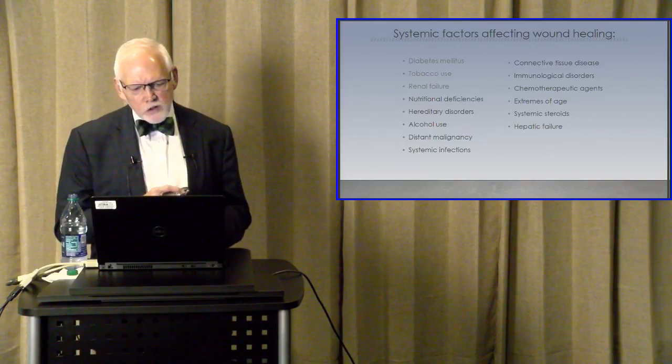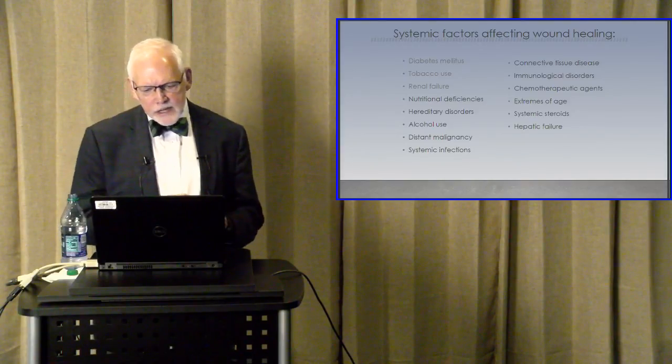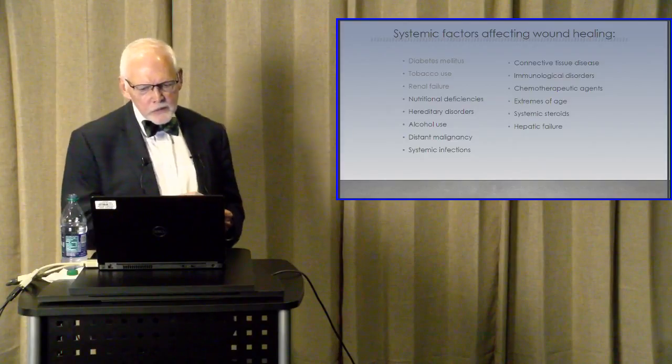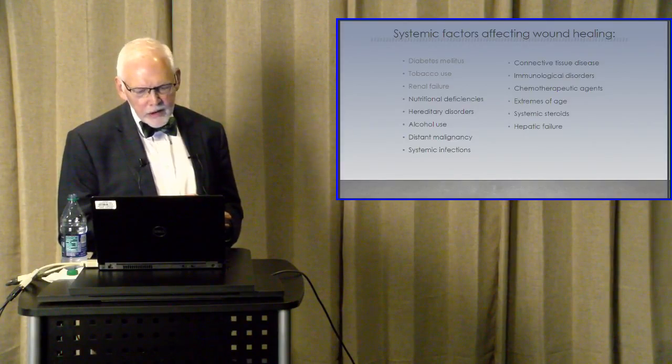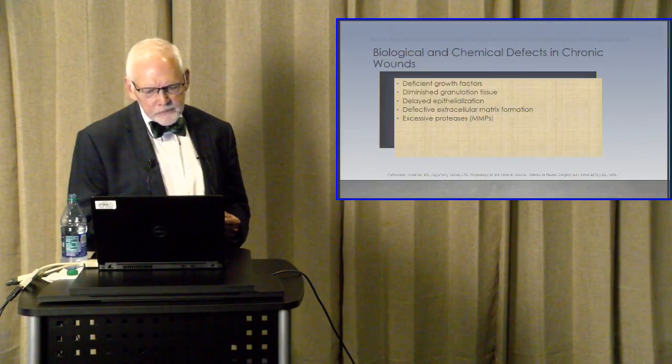And then all sorts of other things, again, that are commonly seen in especially hospitalized patients, but also patients in the wound center. And we'll talk about those some more in the slides to come.